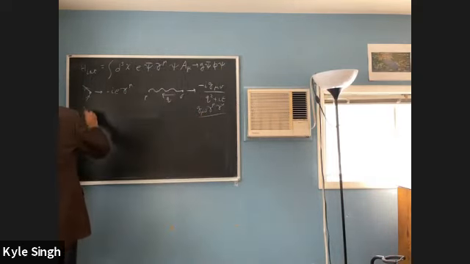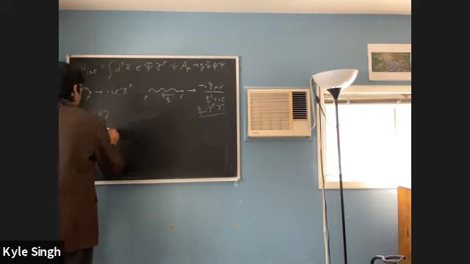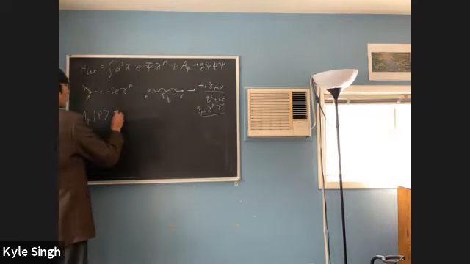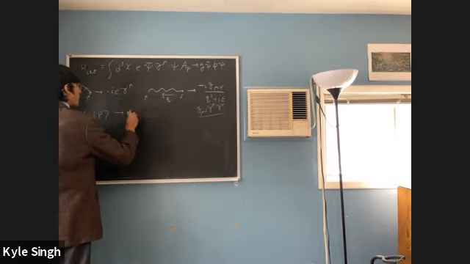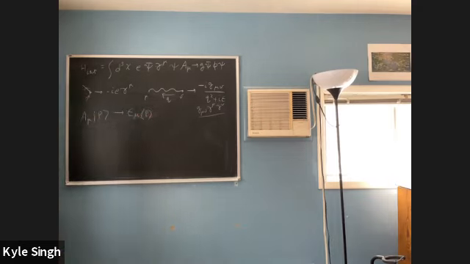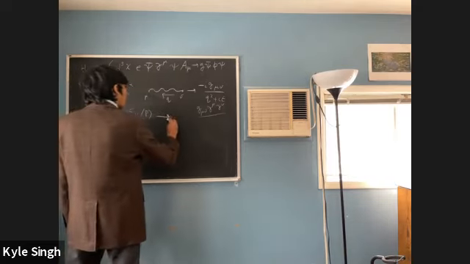Okay, if we have the gauge field acting on a state for one particle with momentum p, we can now say that this has some polarization, epsilon mu of p, right? And I can represent this now.